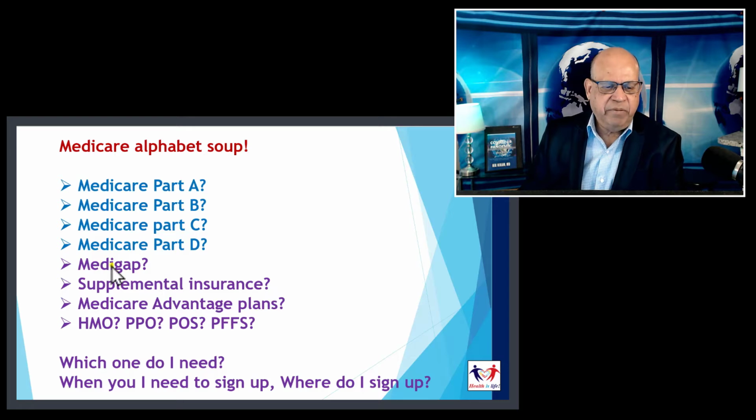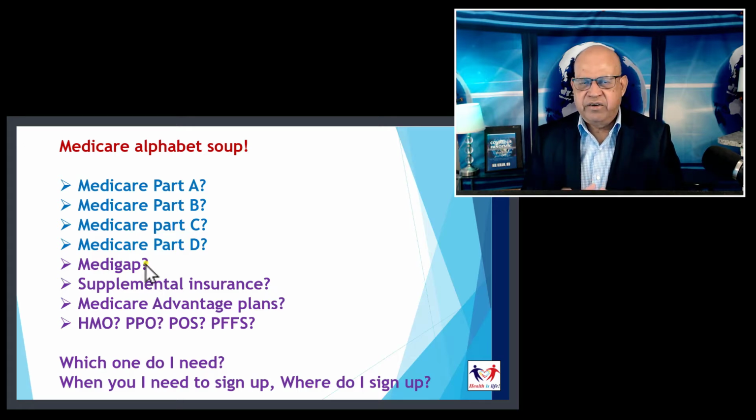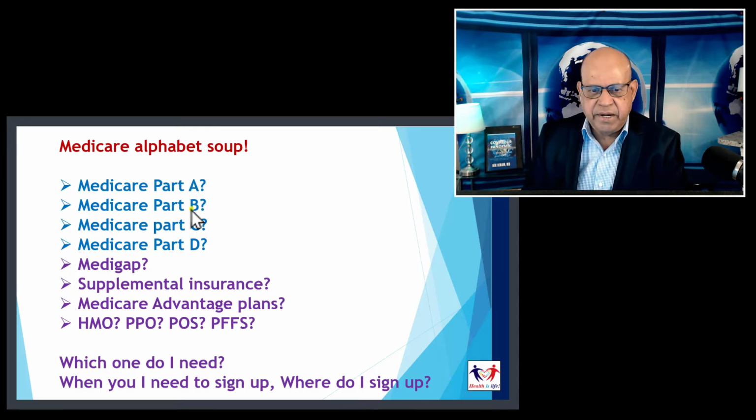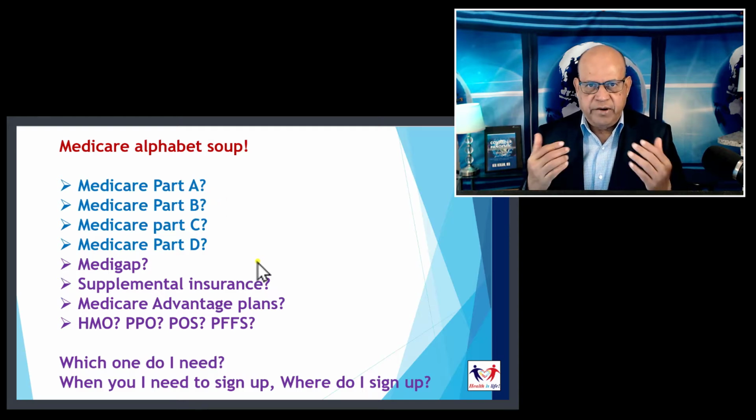MEDIGAP. MEDIGAP is something that's been around for a while. When people basically had Medicare Part A and Part B, there was what was called a supplemental insurance, which covered what Part B and Part A did not cover. For example, the hospital deductible.